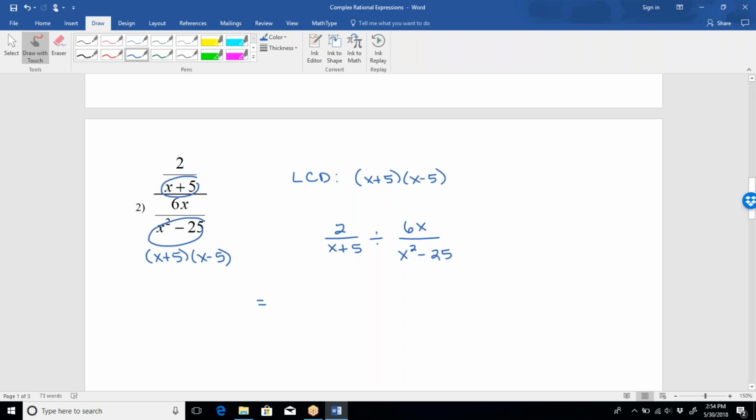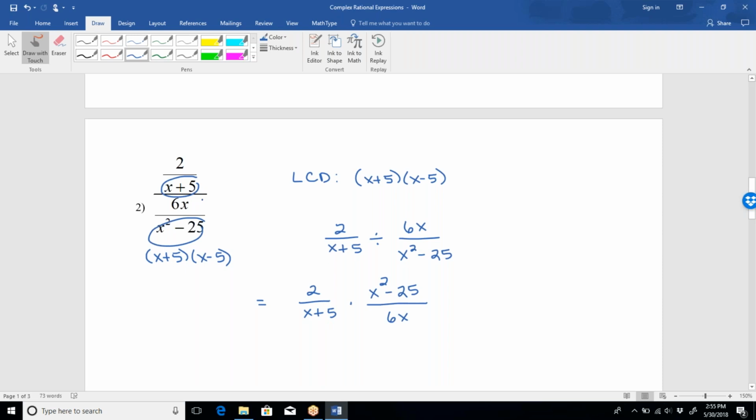So this problem is just the same as this problem. I just wrote it horizontally. And then I could change it into a product as long as I use the reciprocal of the second fraction. So like this. And then I could simplify.